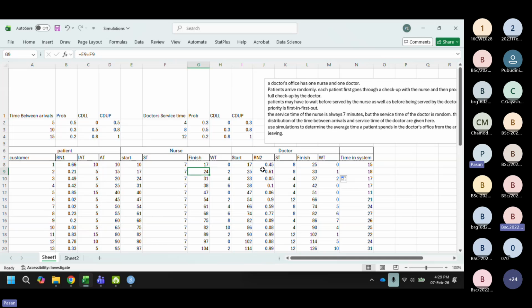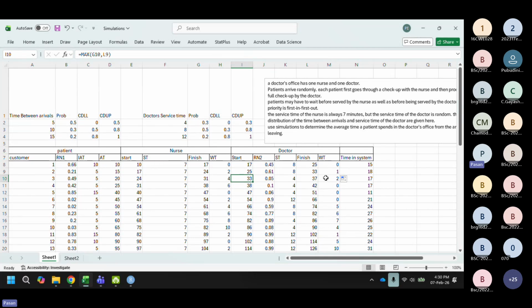until the first one is done, right? Therefore, for the start time you can use again the maximum of these two. That's how we can calculate them. These are always going to be the maximum of these two, and the difference between these two will give you the waiting time.